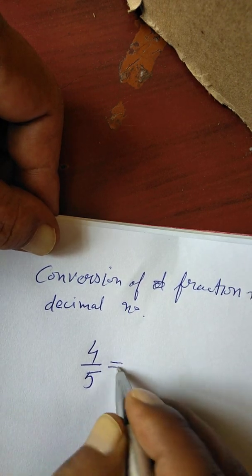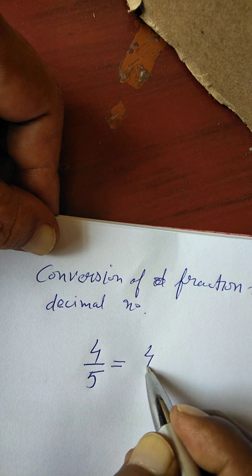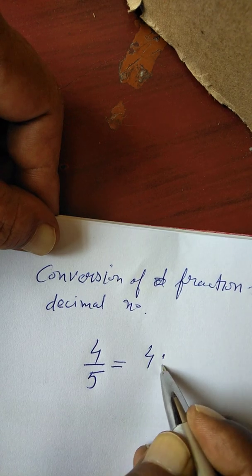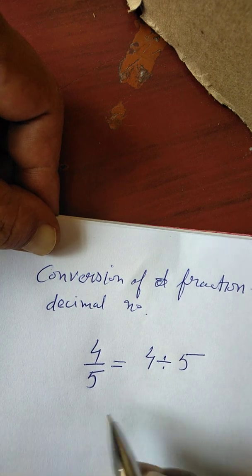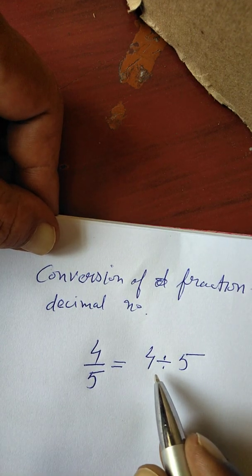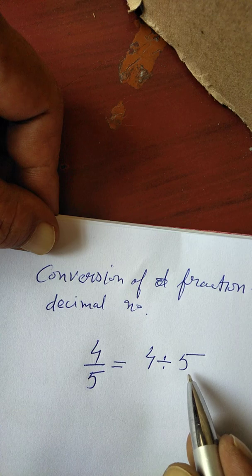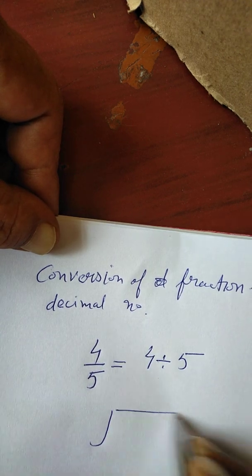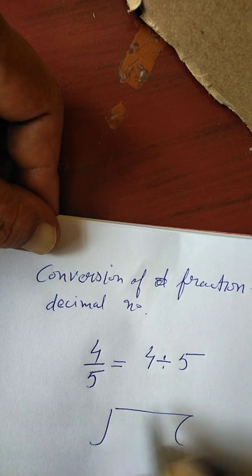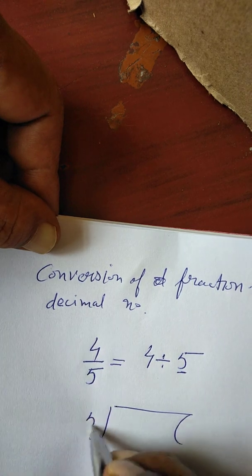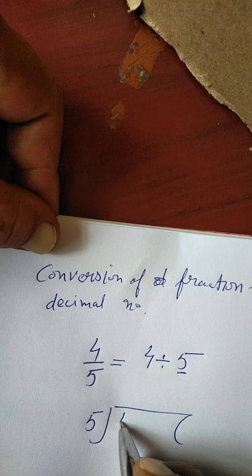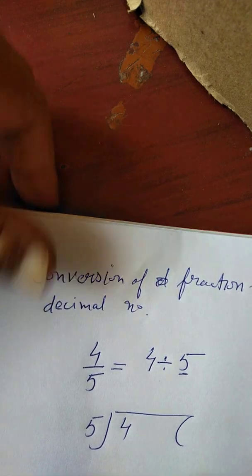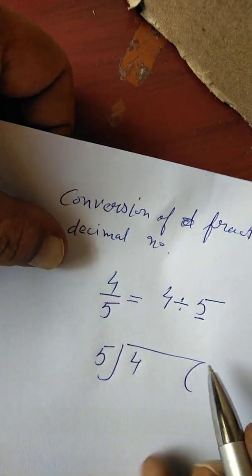Well students, you better know that 4 upon 5 means 4 divided by 5. So how can we divide 4 by 5? Let us divide it. 5 is the divisor, so you will write it here, and 4 is the dividend.